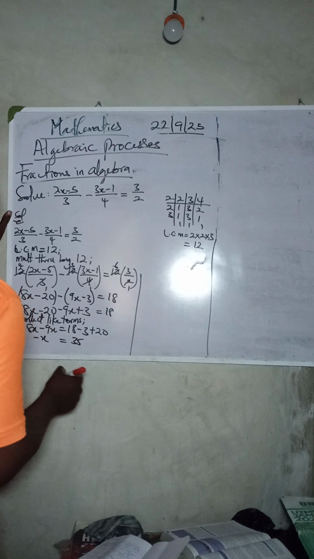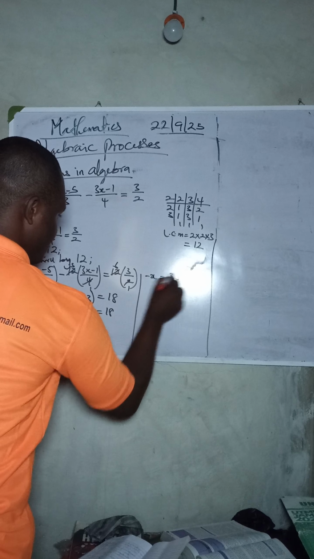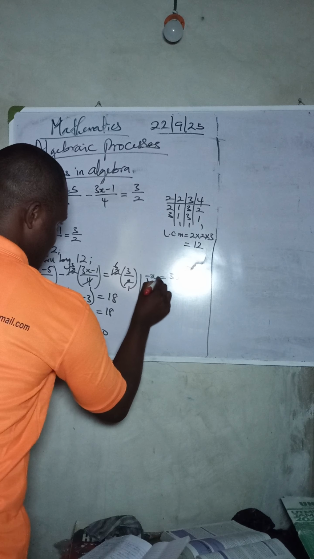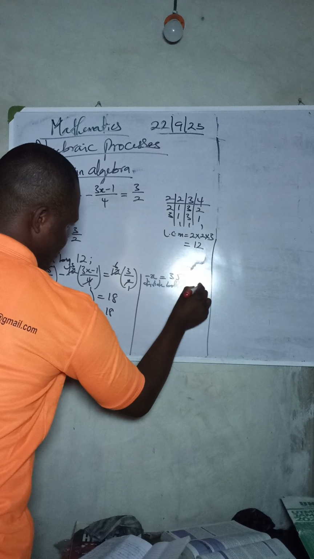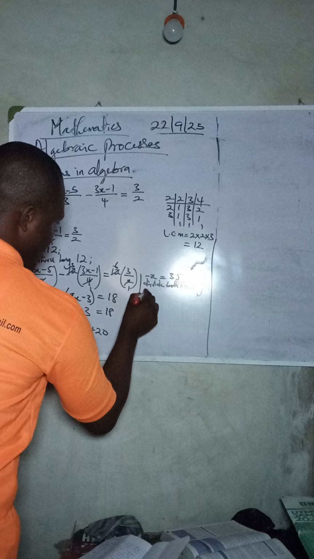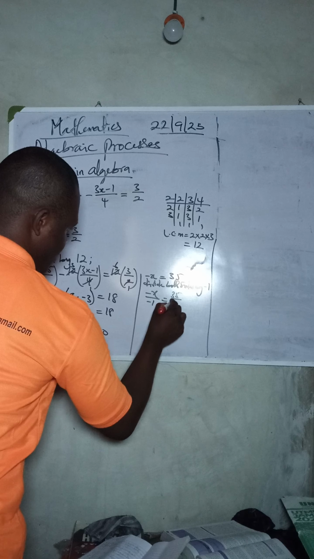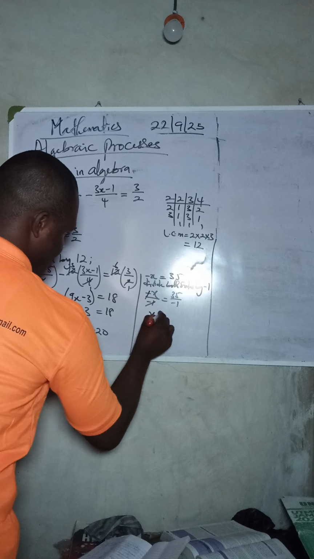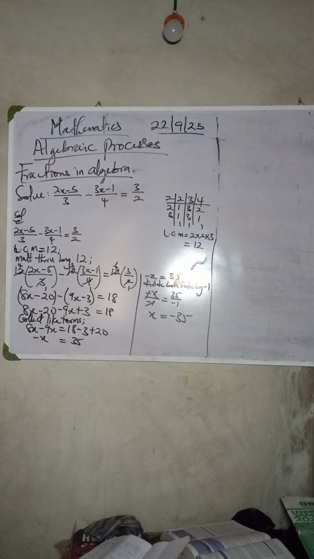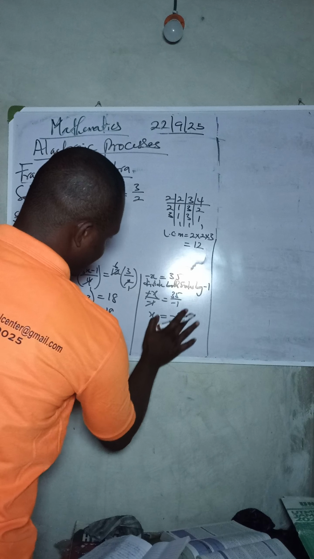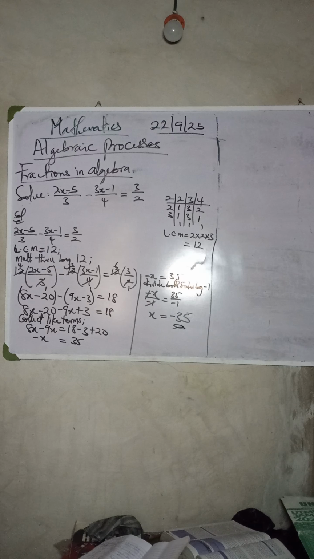So here I have minus x is equal to 35. Divide both sides by minus 1. I have minus x over minus 1 is equal to 35 over minus 1. This will take care of this. I have x is equal to minus 35, because plus divided by minus will give us minus.